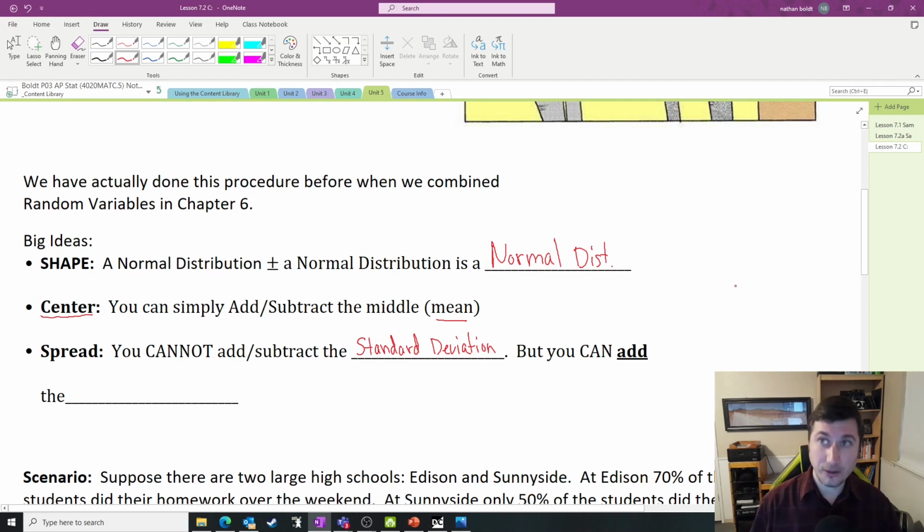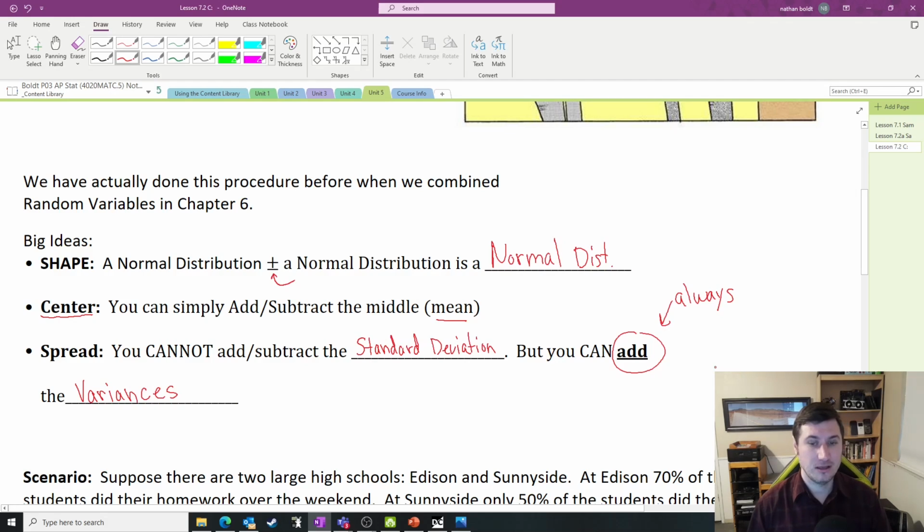The way we figure out the new standard deviation is that you can add the variance. You can add the variances together, and you always add. Even if you were doing a normal distribution minus a normal distribution, it still becomes more variable.